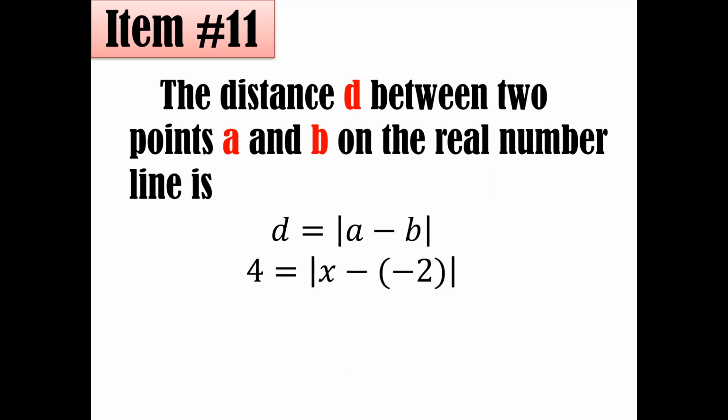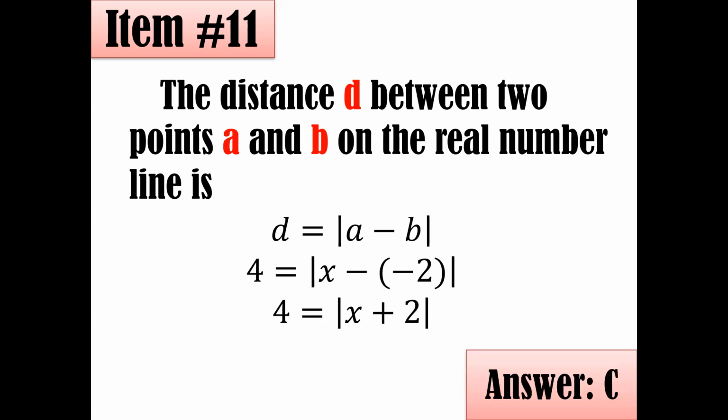So by substitution po, if A is the first point, which is x, and B is the second point, which is negative 2, and we know that the distance between them is 4, so that becomes 4 is equal to the absolute value of the quantity x minus negative 2. And minus negative 2 is plus 2, so yan po yung kalalabasan niya. 4 equals the absolute value of the quantity x plus 2, and clearly, it's letter C.